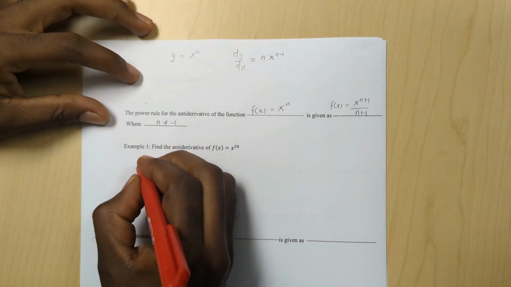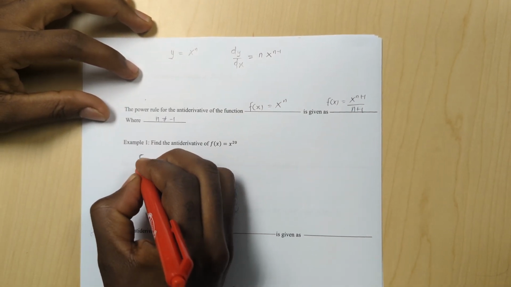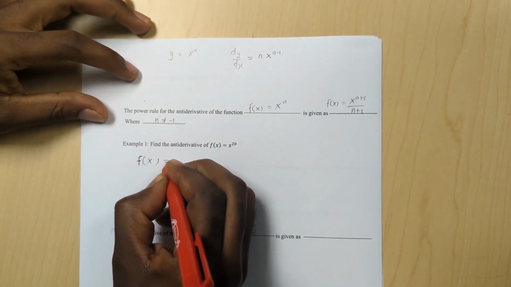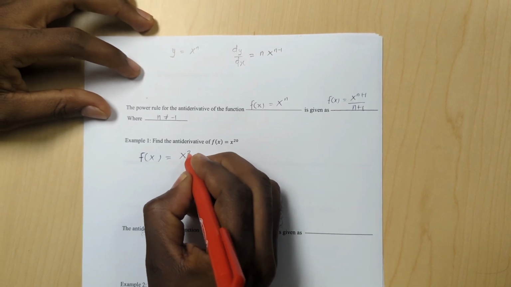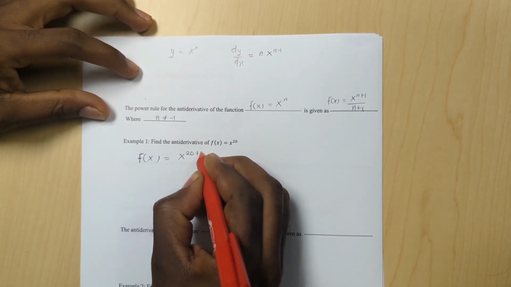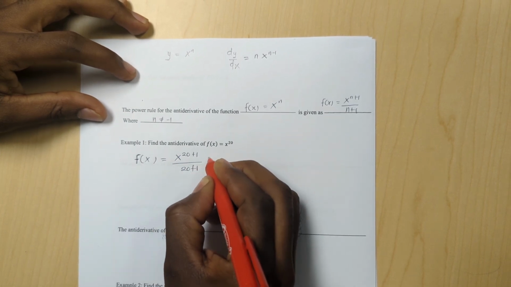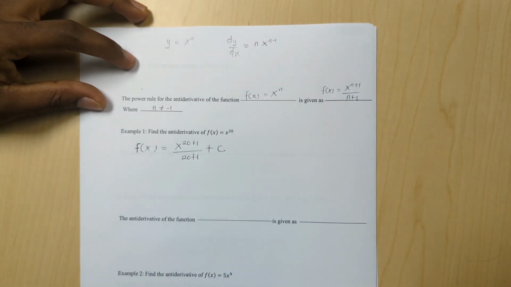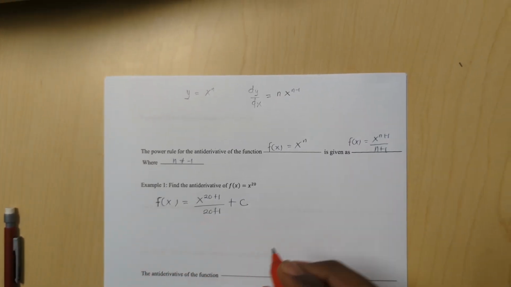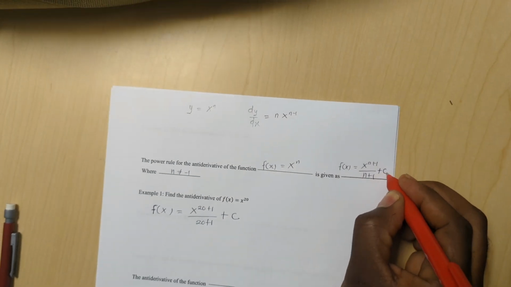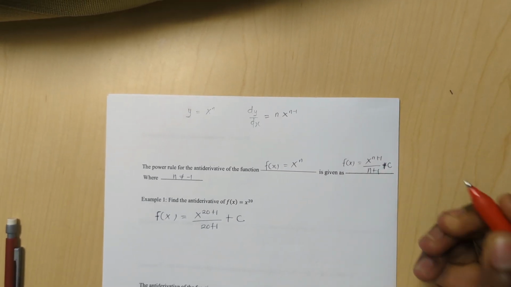Then we can say that the antiderivative of this function, that's capital F of s, will be equal to s exponent 20 plus 1 over 20 plus 1, then plus our constant. So remember, this is plus c, the constant which we showed earlier.